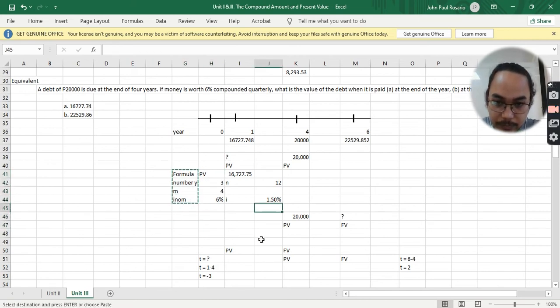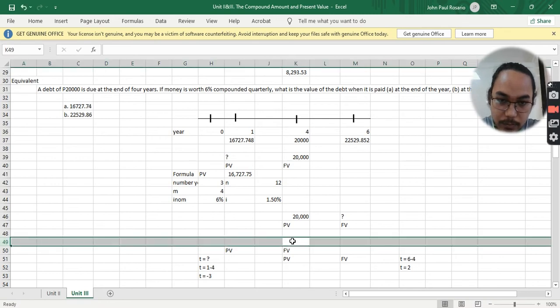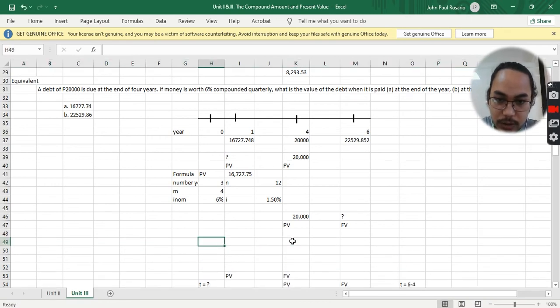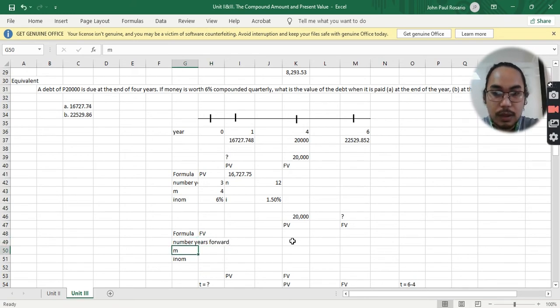the future value formula. Number of years forward, 2 years, that's 6 minus 4.